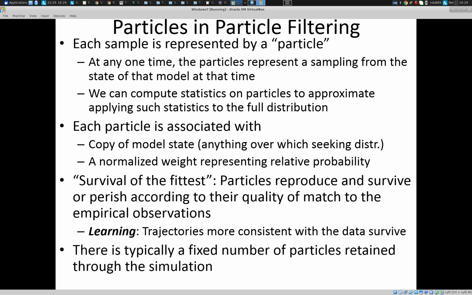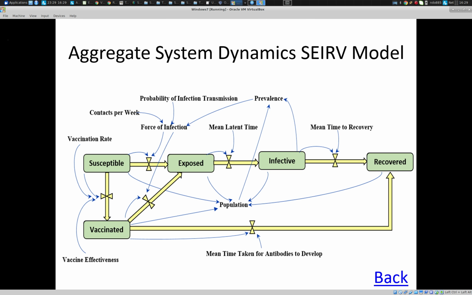Typically, there's a fixed number of particles rotating through the simulation. So through this simulation, we have a fixed number of particles. So here's this particle for H1N1. And here, we have contact rates and error, and we have force of infection.